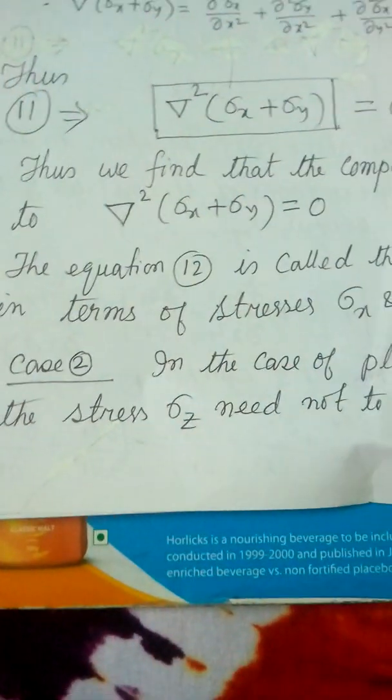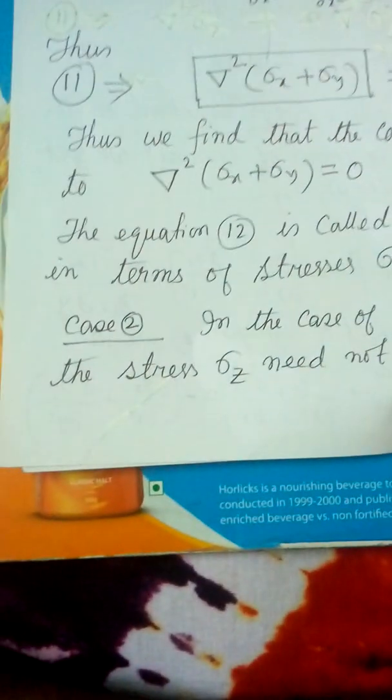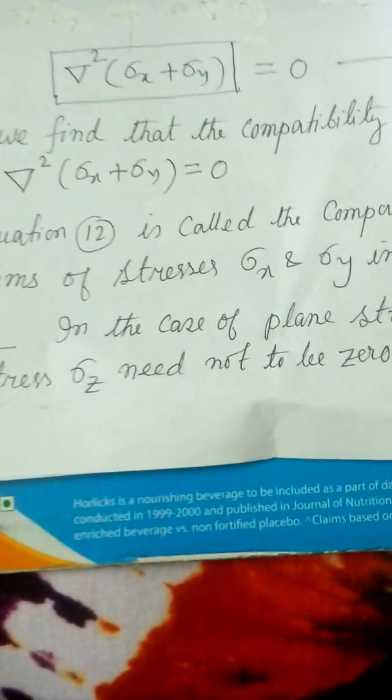The equation 12 is called the compatibility equation in terms of stresses sigma x and sigma y in two-dimensional cases.